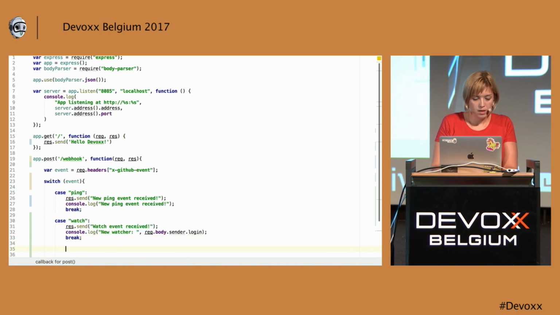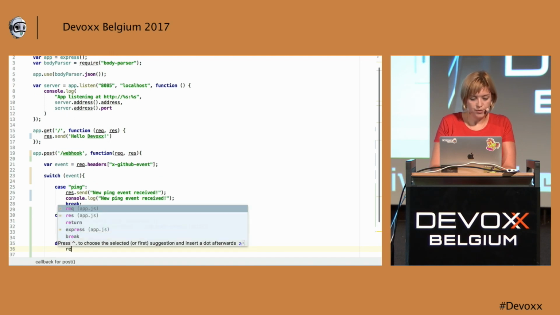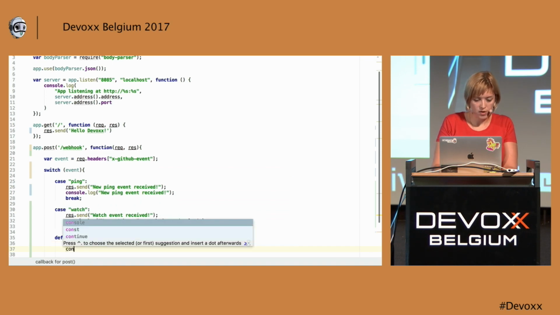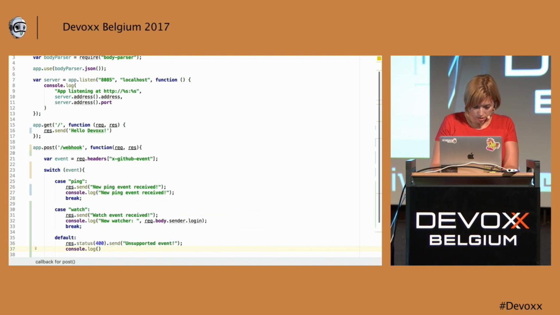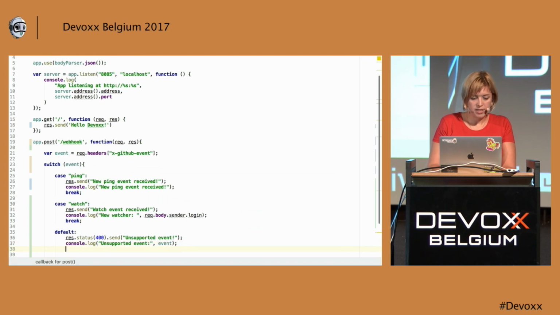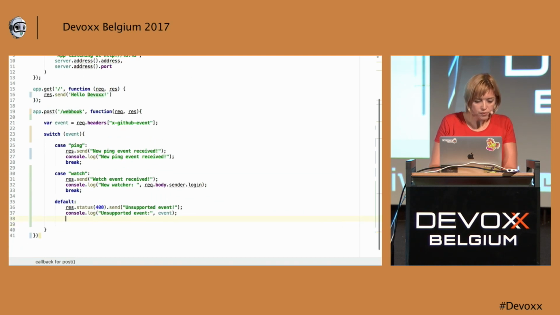And just in case, we are going to add a default, which is going to send an error status, "unsupported event", for example. I'm going to log it. Here it is. Quite simple.